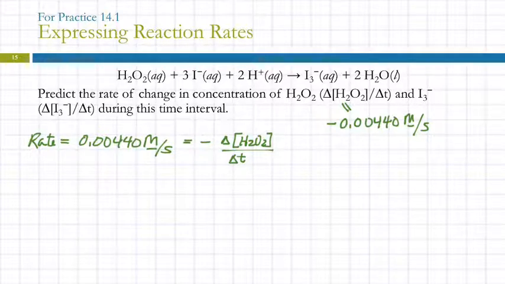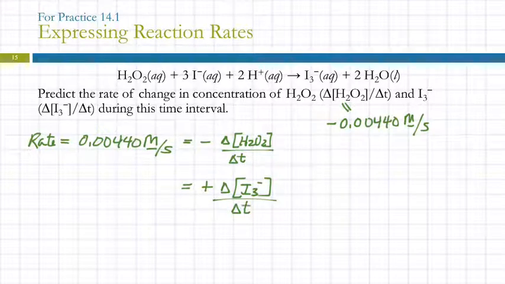Well, if we write the expression for that, it's going to be positive, right? Because it's a product. So the rate for that one is plus 1.0044. Its rate of change is increasing. Any questions?